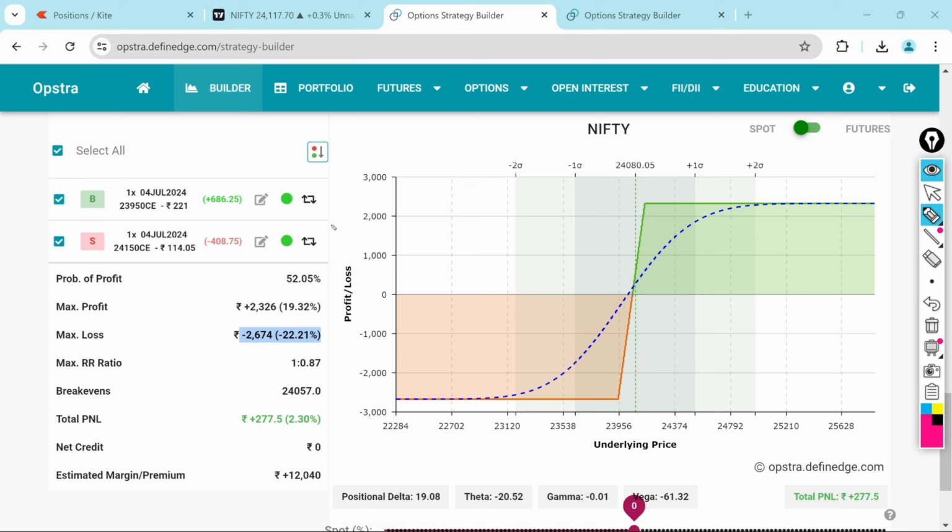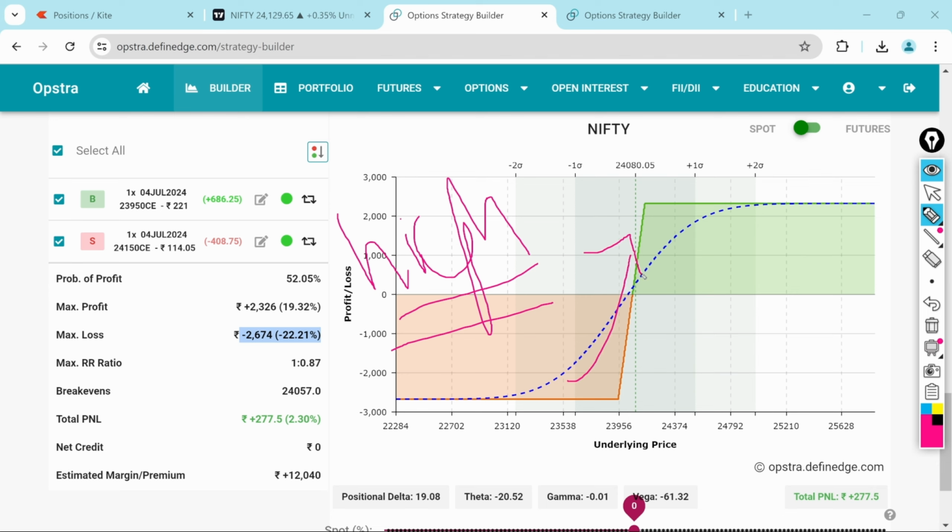The probability of profit in the in the money debit spread is high compared to at the money or out of the money. Of course, the risk reward is better in at the money and out of the money, but the market has to move up significantly, then only you will make a profit. Whereas in case of the in the money debit spread, the market doesn't have to move up much to get into the profit zone. You have to create a debit spread depending upon your market assumption.